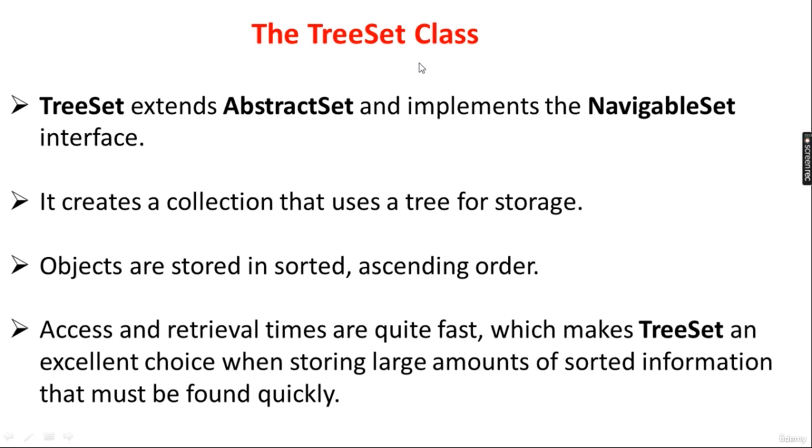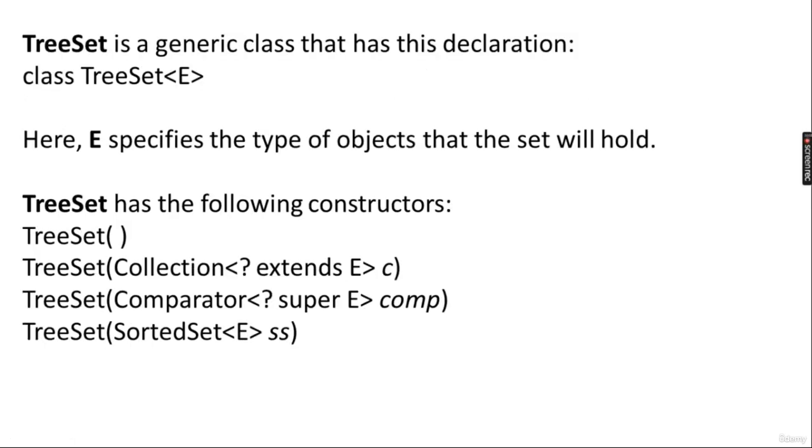So TreeSet maintains the order. You can store a large amount of data in sorted order, and it can be found quickly.